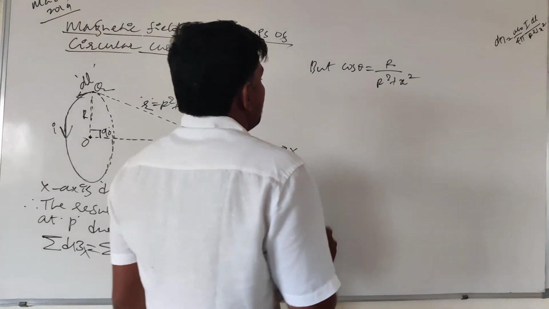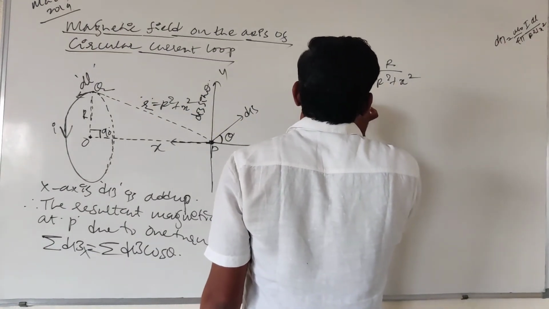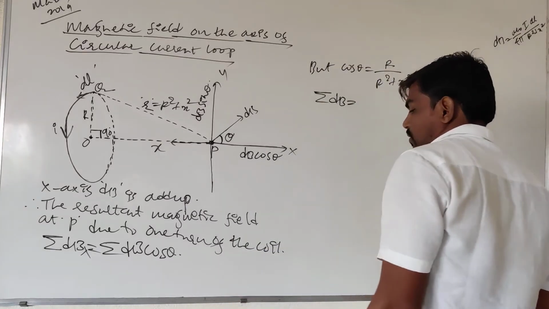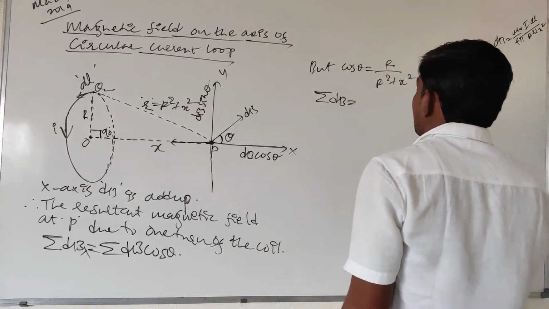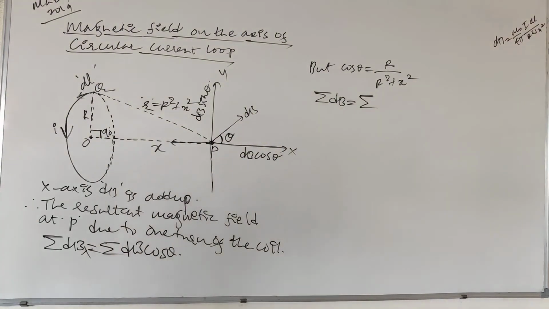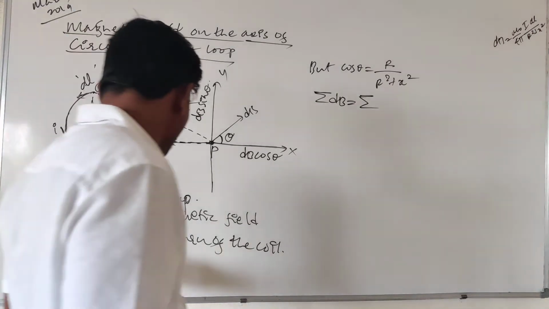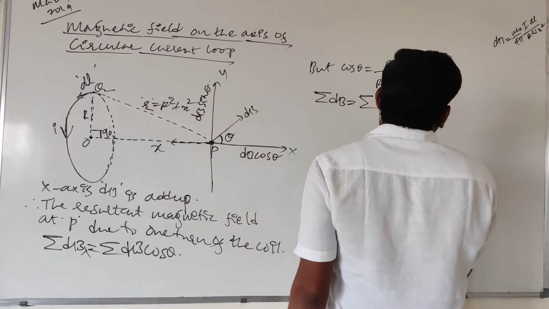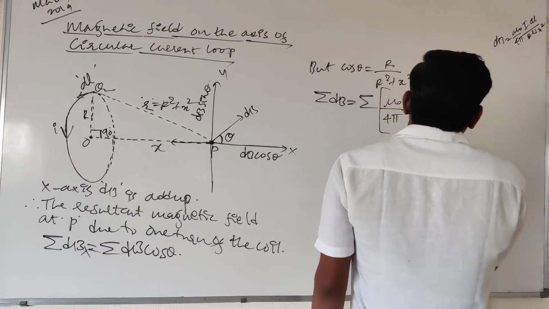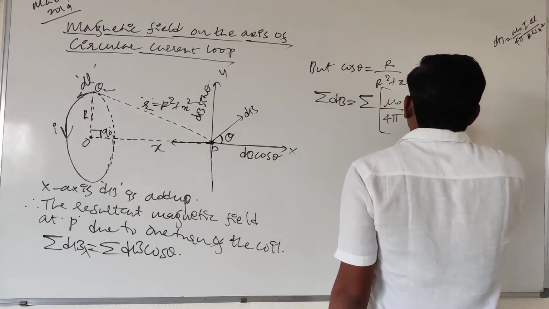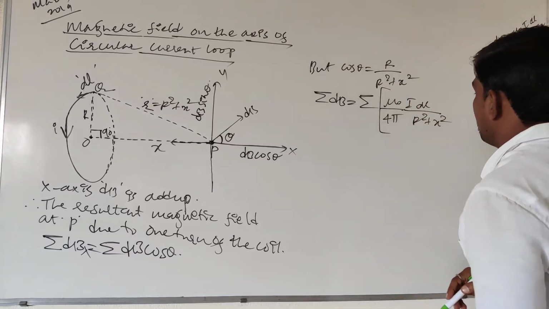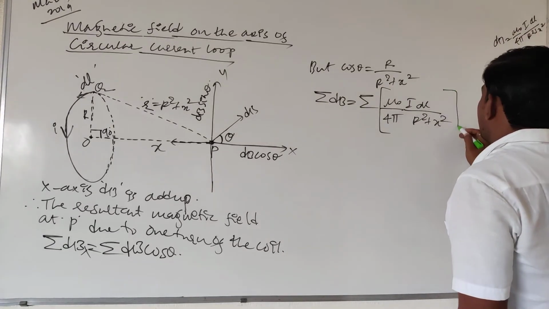So then summation of dB is equal to summation of what is our value of dB? Mu naught divided by 4 pi I dl divided by r square plus x square, right? So then what is our cos theta?